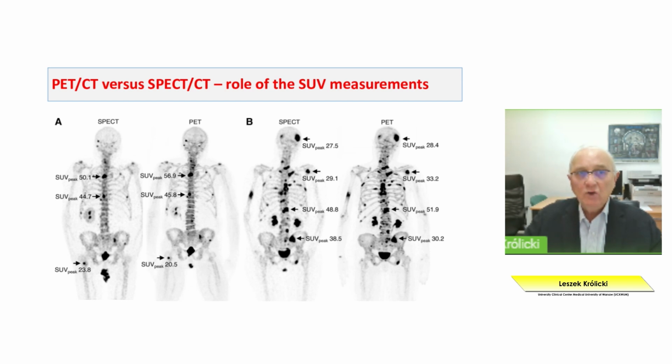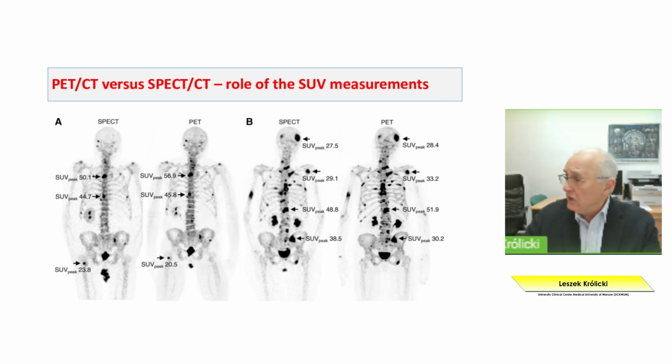So the argumentation that we can use SUV measurement in PET examination is no longer valid, because in case of SPECT, we can use the same idea. So the SUV values do not vary much from PET examination.